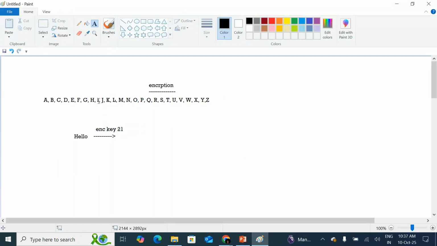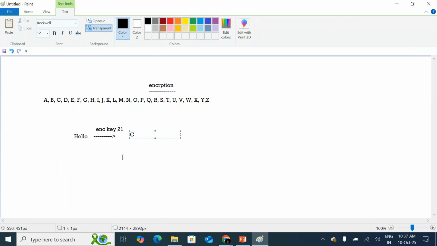Key 21 means from H, counting 1 2 3 4 5 6 7 8 9 10 11 12 13 14 15 16 17 18 19 20 21, we reach C. Next, for the letters in hello, something like this. This is the encrypted form of hello.